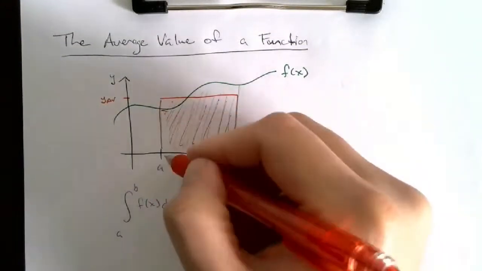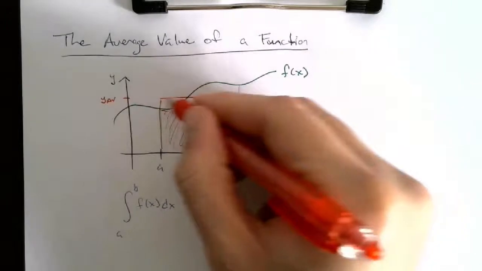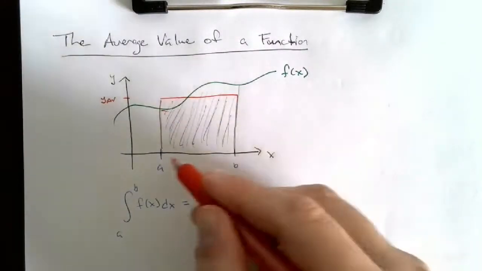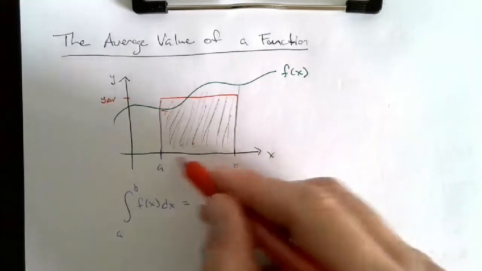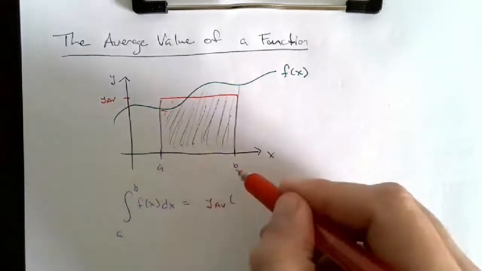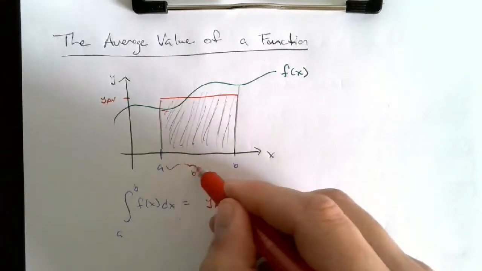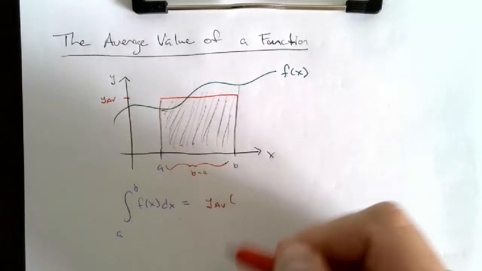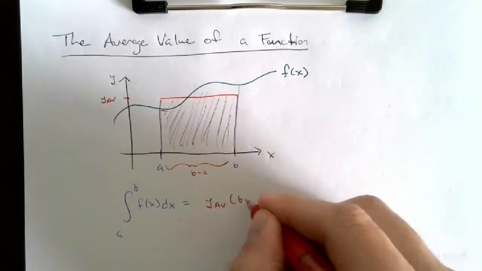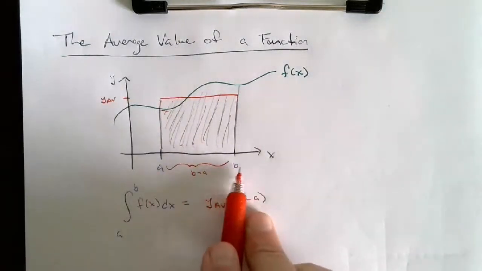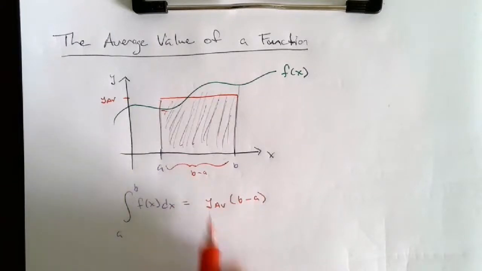It would be the height, y-av, times the base. This a to b is really the distance b minus a. That's how far apart they are. So it's y average times b minus a. If this was 3 and this was 5, 5 minus 3 would tell you they're 2 units apart.